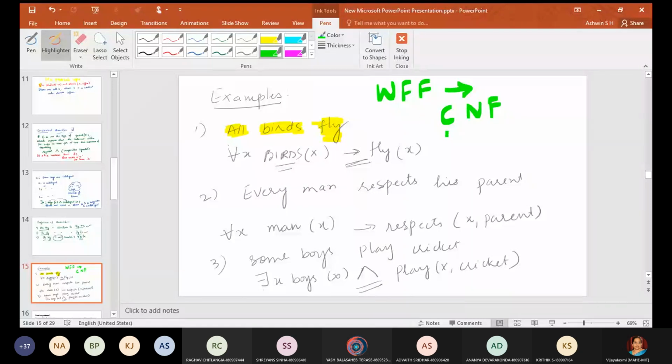It's a very important topic. WFF to CNF. You'll be given some sentences and you should be able to convert them to CNF. These are the topics I'll be discussing in my next class.